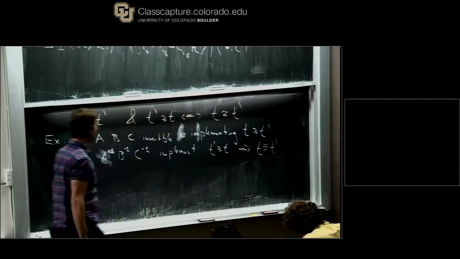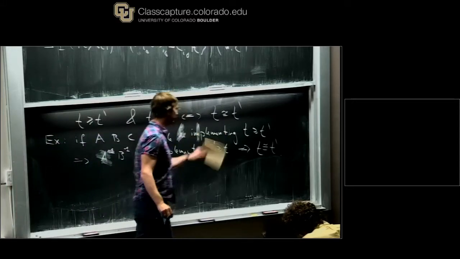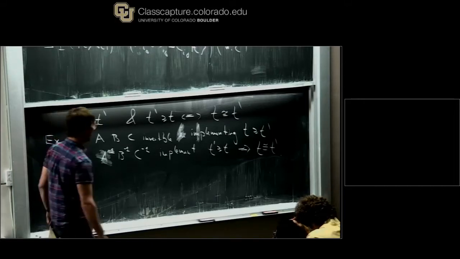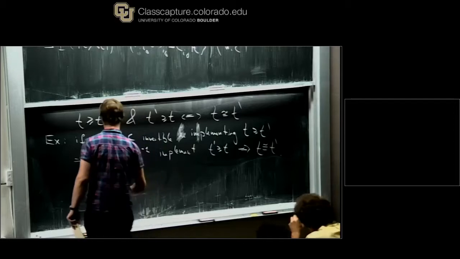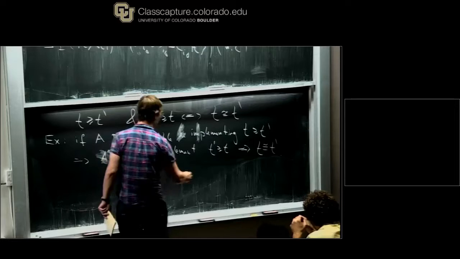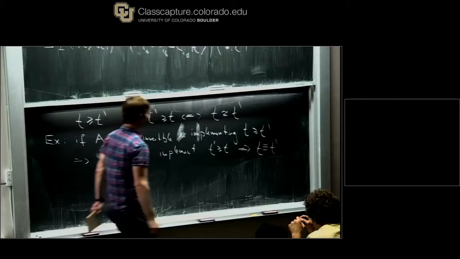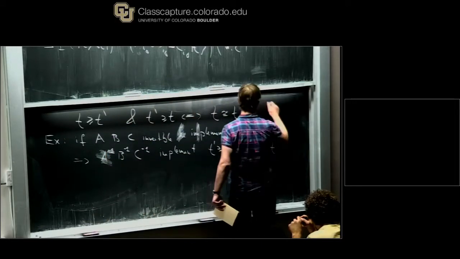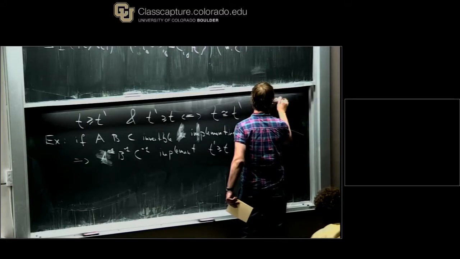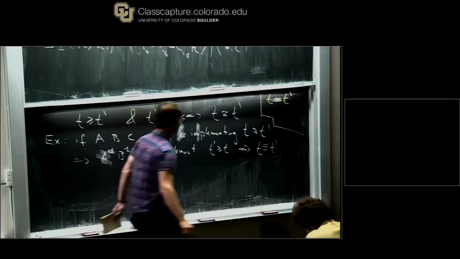But there are other ways of having an equivalence here. These ones where they're invertible are actually a special case, and if this happens, if they're invertible implementing it, then I like to say that t is isomorphic to t prime.